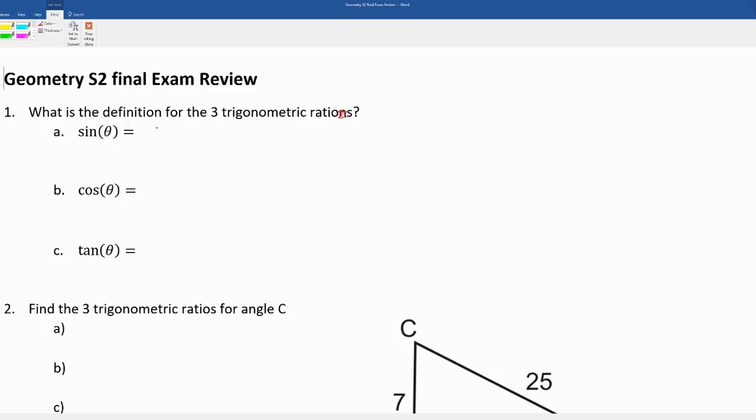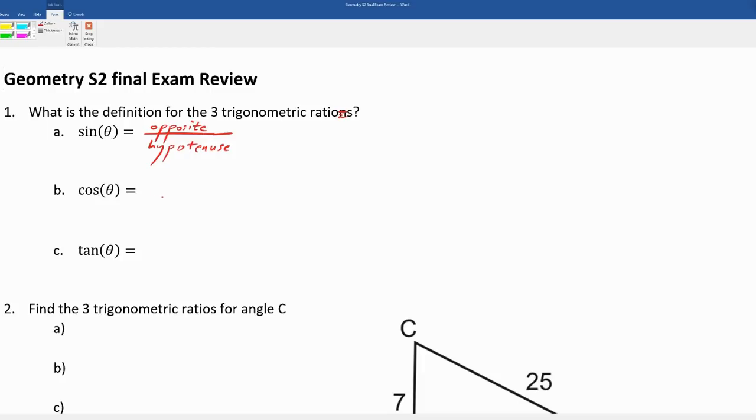Sine, if you remember, is really just going to be the opposite side divided by the hypotenuse. So that'll be the ratio for sine.